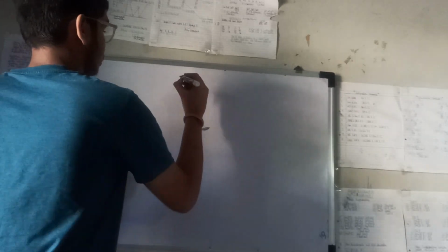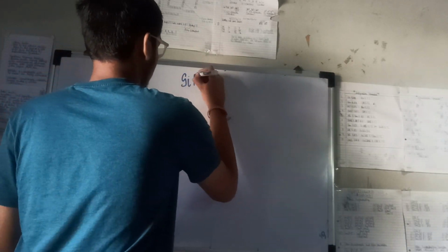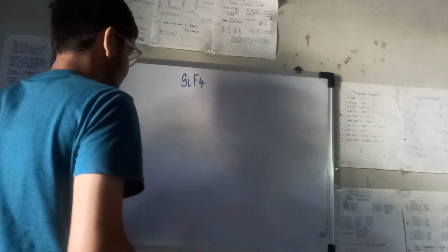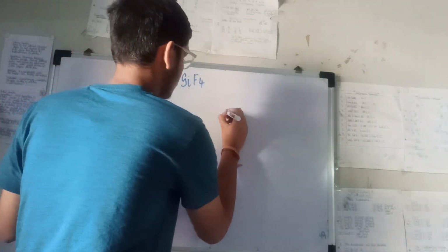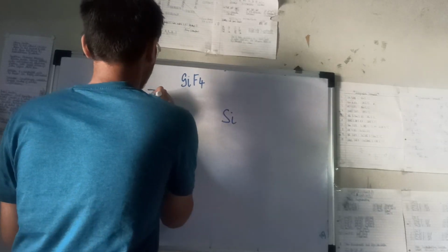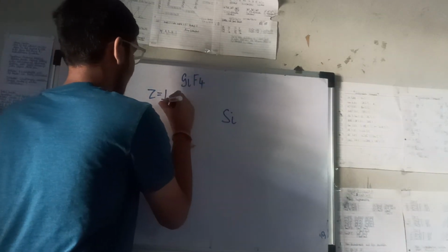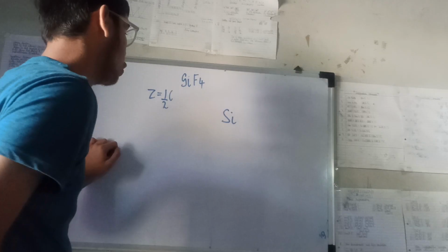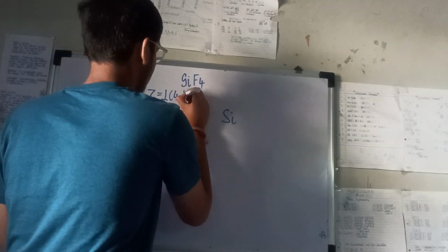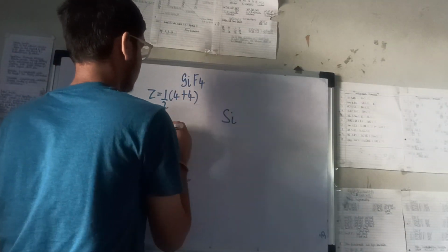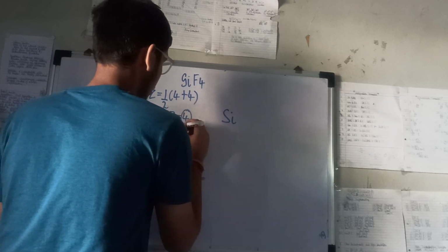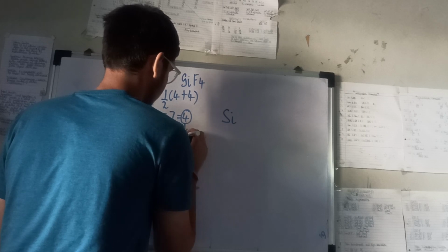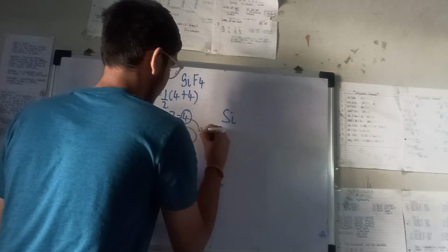Let's take SiF4. It's a normal one. Z we will calculate by the formula, half. Valence पे कितने, 4. No charge, 0. Fluorine का कितना है? Calculate करो जल्दी. Z is equal to 4. If Z is equal to 4, sp3 geometry and tetrahedral, I am writing.